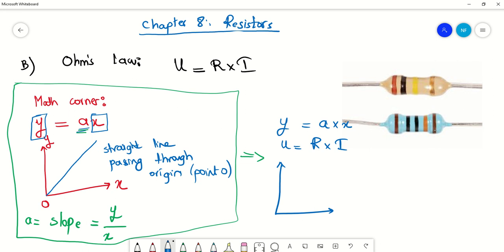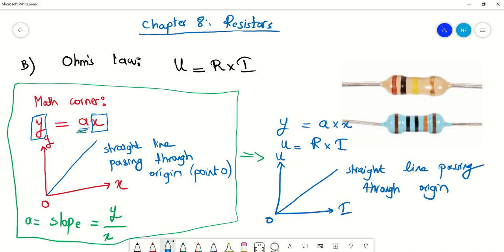I have y, which is U. And on the horizontal axis, what do I have this time? I have I. I will obtain a straight line passing through the origin, and it's the same equation.